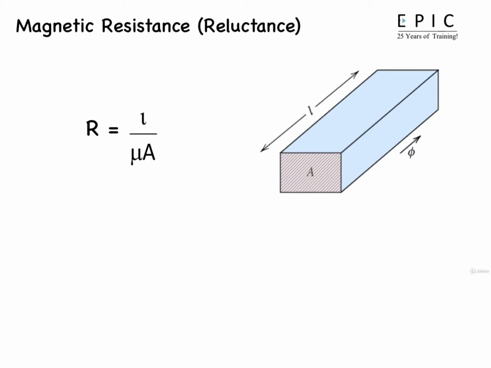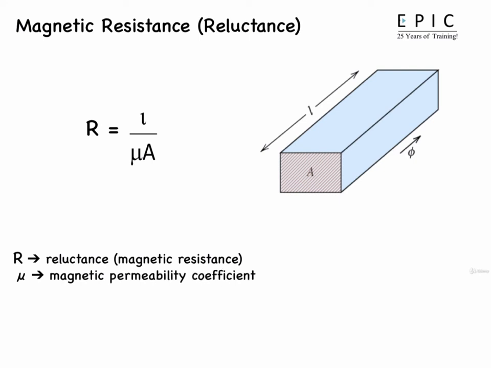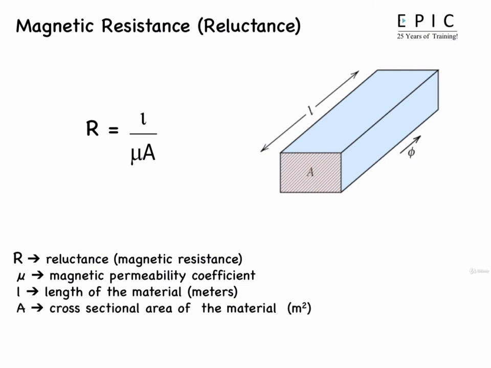The reluctance of magnetic material is proportional to the mean length and inversely proportional to the product of the cross-sectional area and the permeability of the magnetic material, where R is the reluctance, the magnetic resistance of the material, and mu is the magnetic permeability coefficient. L, which is measured in meters, is the length of the material, and A is the cross-sectional area of the material in meters squared.